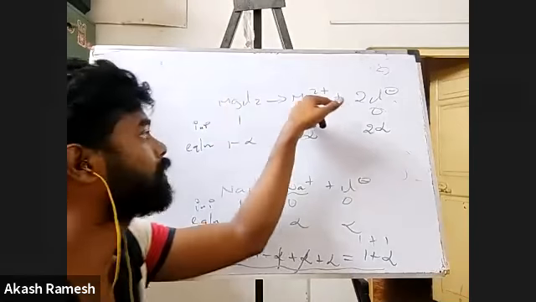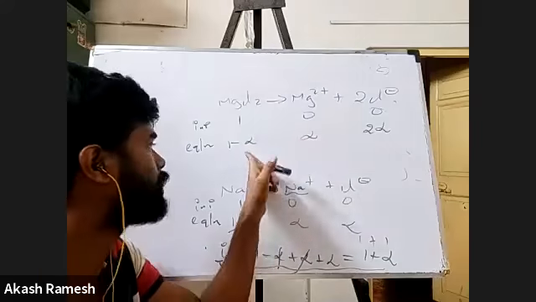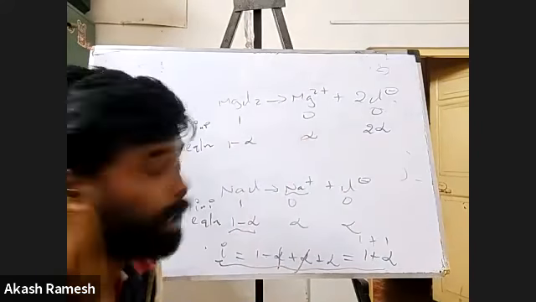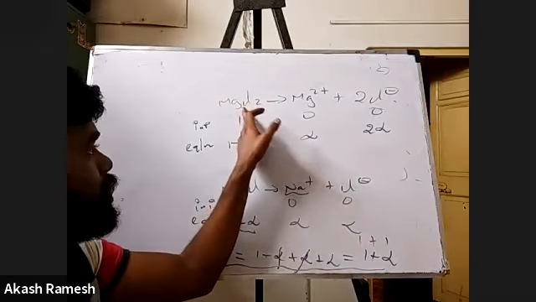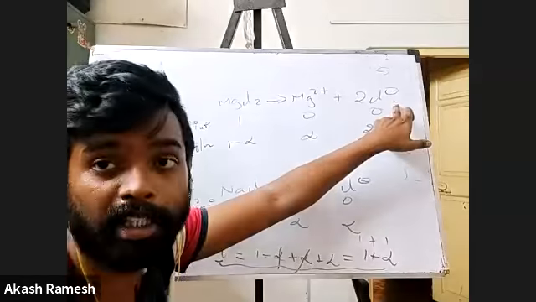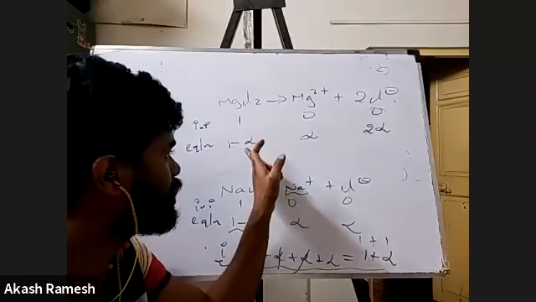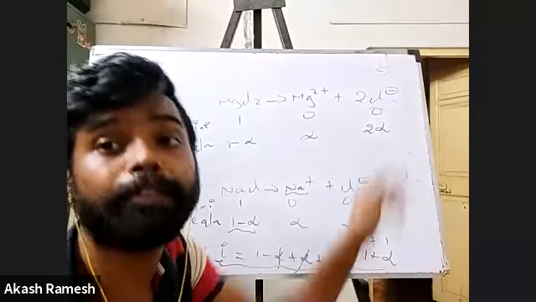I have 1 mole of MgCl2 giving 1 mole of Mg2+, so alpha moles will give alpha moles. But 1 mole of MgCl2 gives 2 moles of Cl-, so if alpha moles are reacting, you will form 2 alpha moles of Cl-.